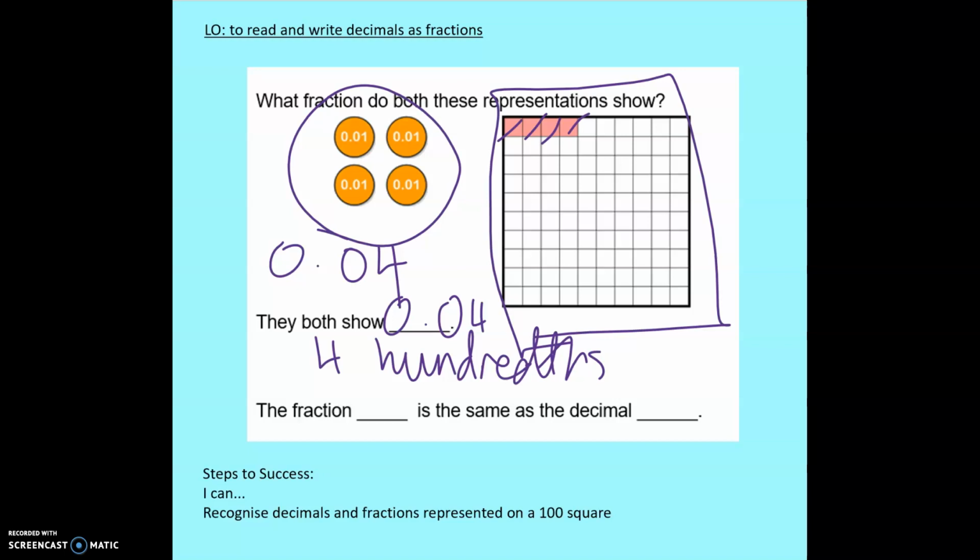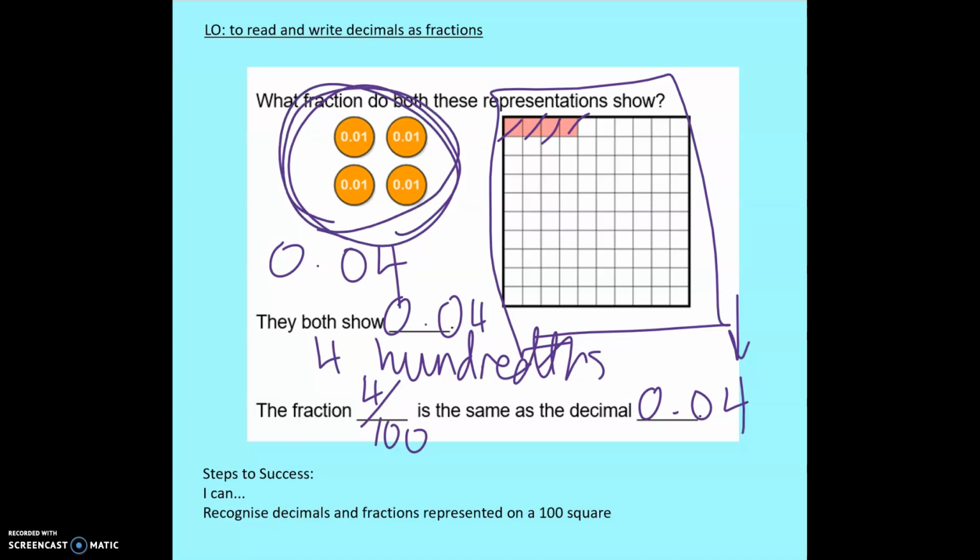The fraction 4 hundredths is going to be the same as the decimal 0.04 because we know this decimal place is hundredths and we know that 4 over 100 is also 4 hundredths. So you can see here it's as a decimal and you can see here it's as a fraction that's been split into hundredths.